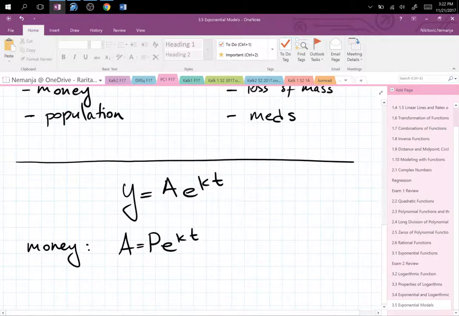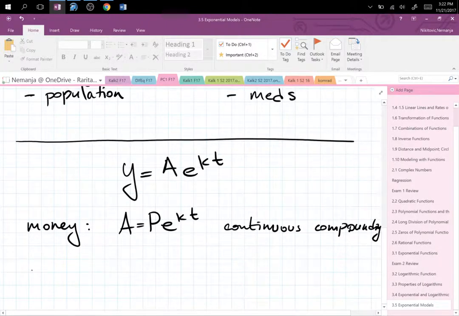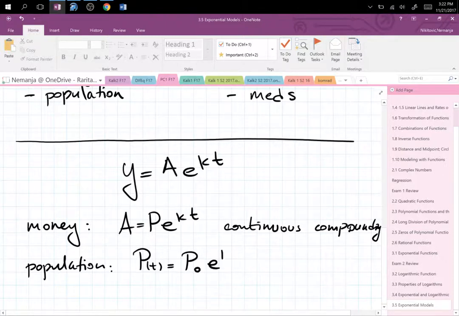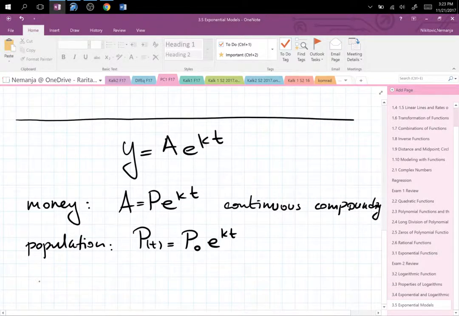This is continuous compounding. We have the population equation, which is population in time is given as the initial population e to the k t. We have loss of mass, which would be m at any point in time is the initial mass e to the k t.